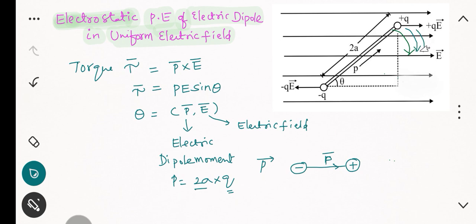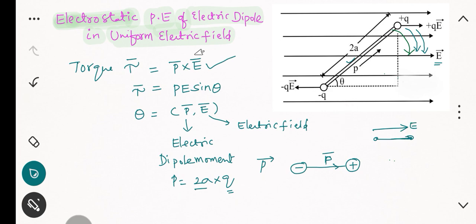That is, the electric field E bar and the dipole will align in the same direction by the torque, which is given by tau bar is equal to PE sin theta or P bar cross E bar. So this torque will align the electric dipole in the direction of the electric field.